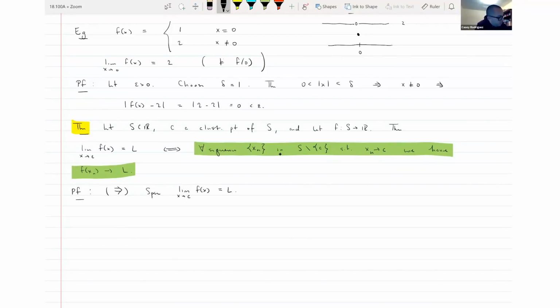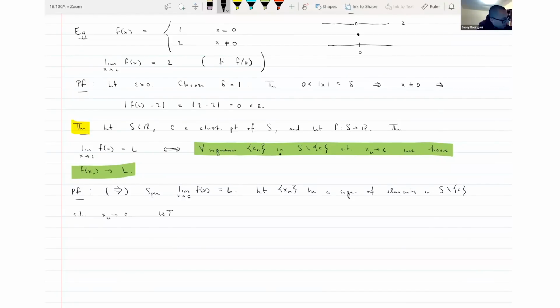So here's the idea. We want to show: let x_n be a sequence of elements in S take away c, such that x_n converges to c.